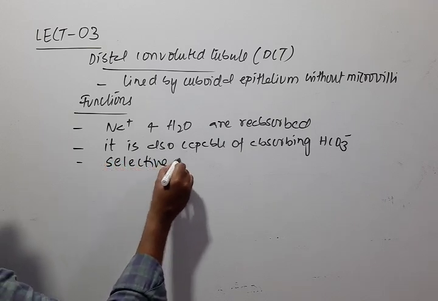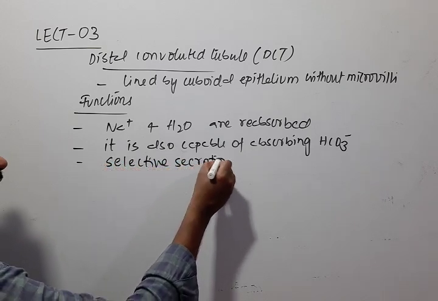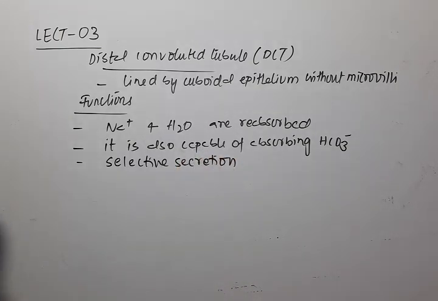Then in the distal convoluted tubule, selective secretion takes place. The name itself tells that selectively some substances will be secreted, meaning released out.